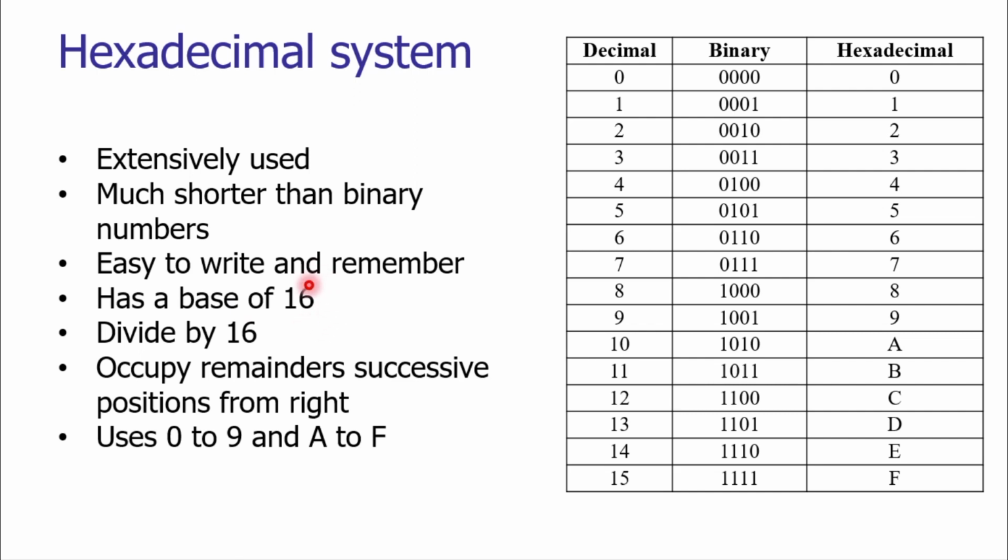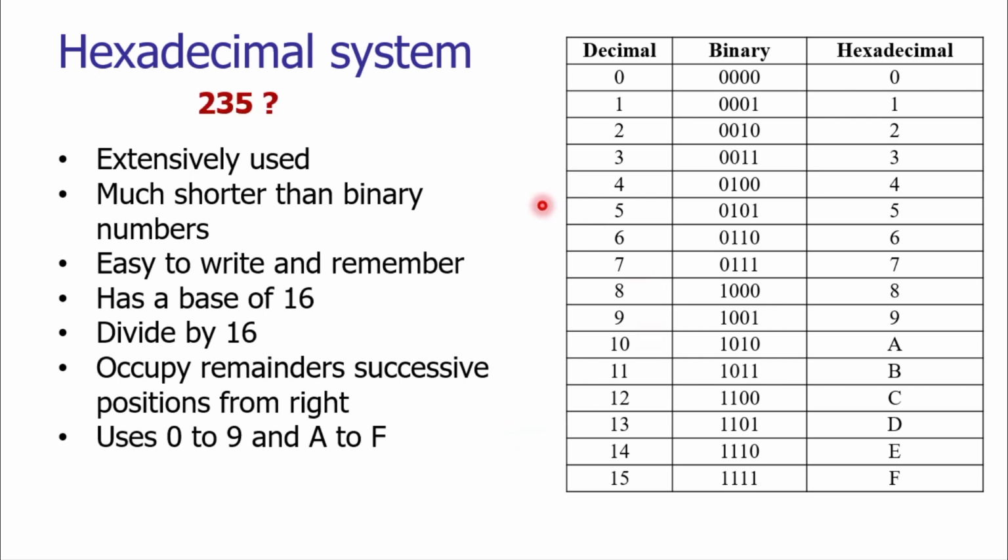It has a base of 16. That means we have to divide the decimal number by 16, and the remainders occupy successive positions from the right. The representation would be from the right towards the left.